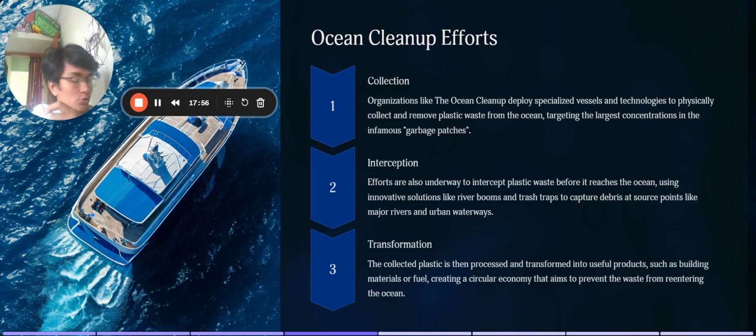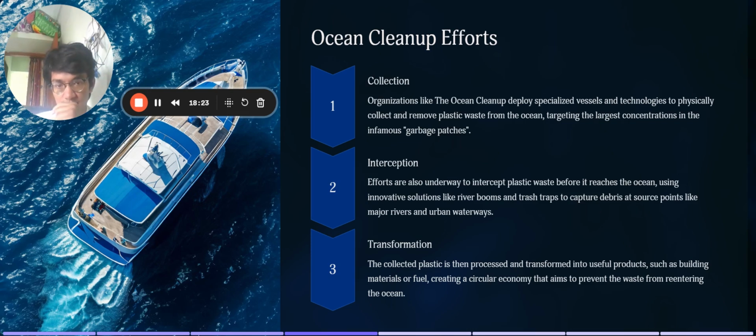Interception efforts also. Efforts are also underway to intercept plastic waste before it reaches the ocean, using innovative solutions like river booms and trash traps to capture debris at source points like major rivers and urban waterways.